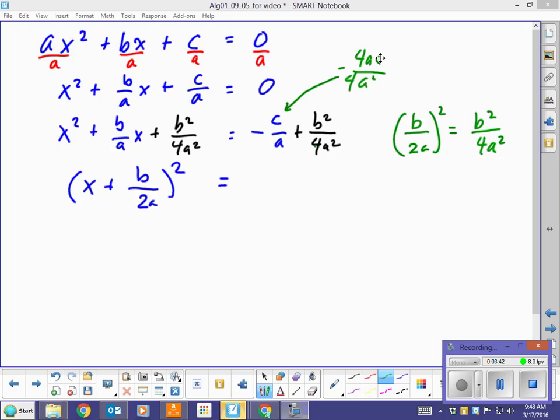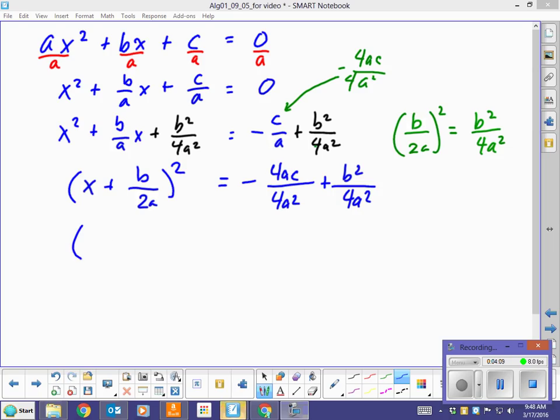Okay, so I'm going to rewrite this here as negative 4ac over 4a squared plus b squared over 4a squared. Okay, so I've just rewritten this now to have equivalent denominators, you know, to have the common denominators here, but these are equivalent fractions.